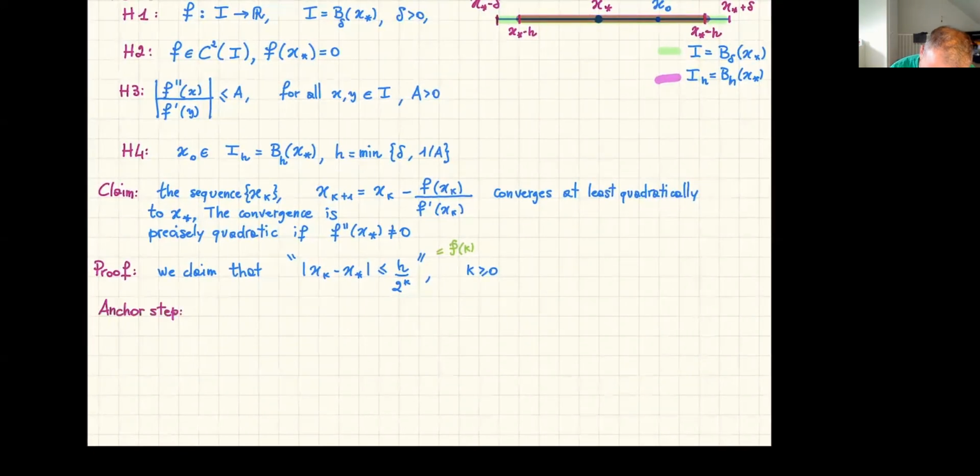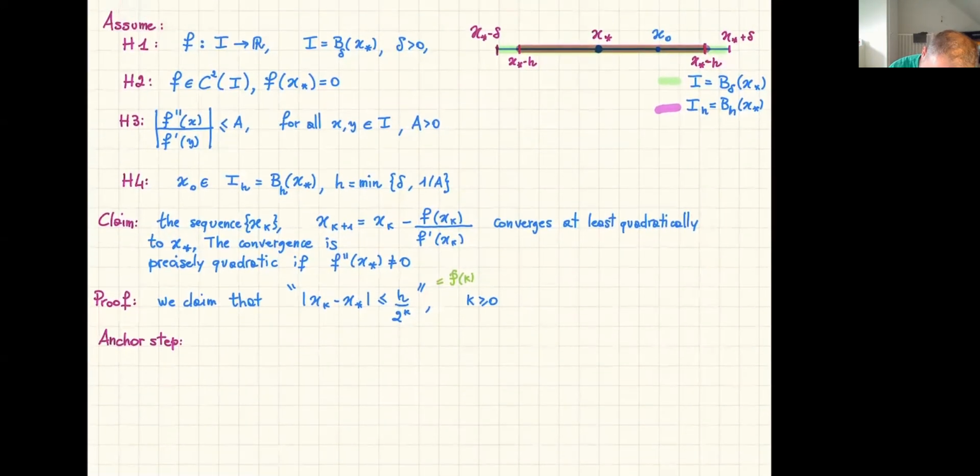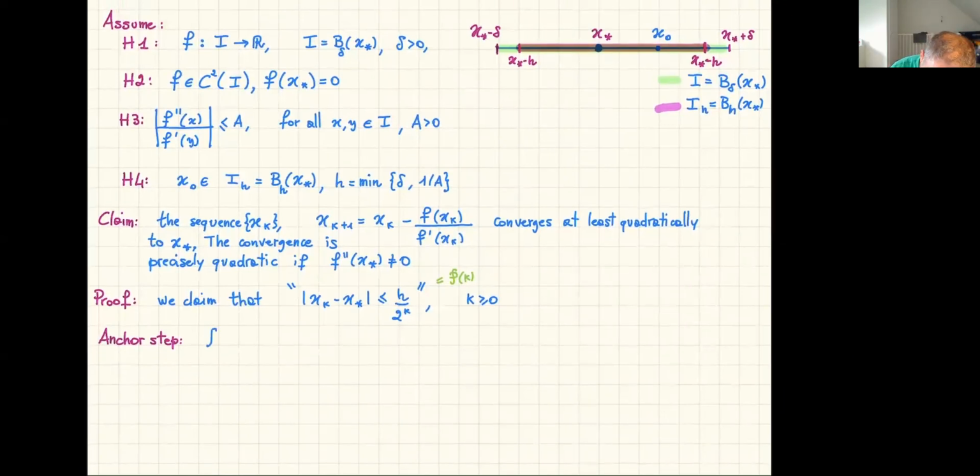The anchor step, I need to prove that P naught, P0, is true.